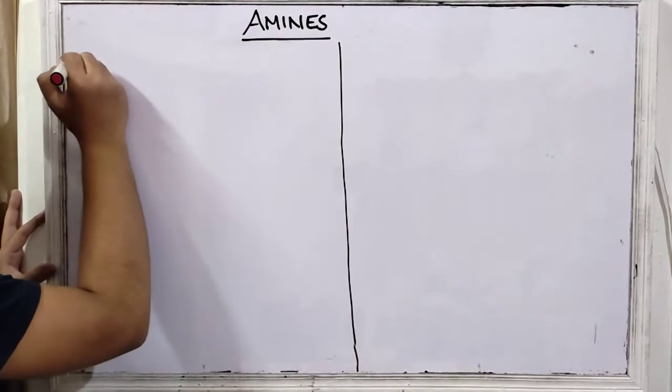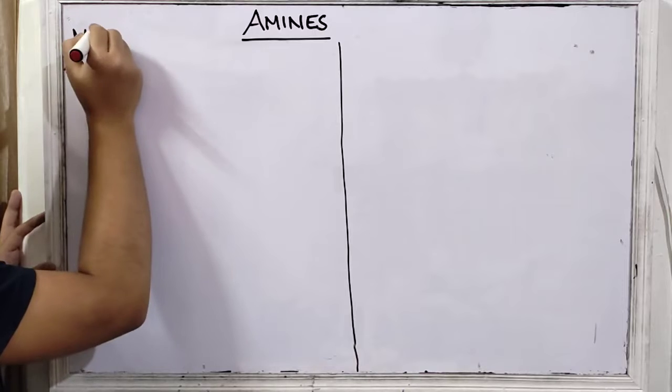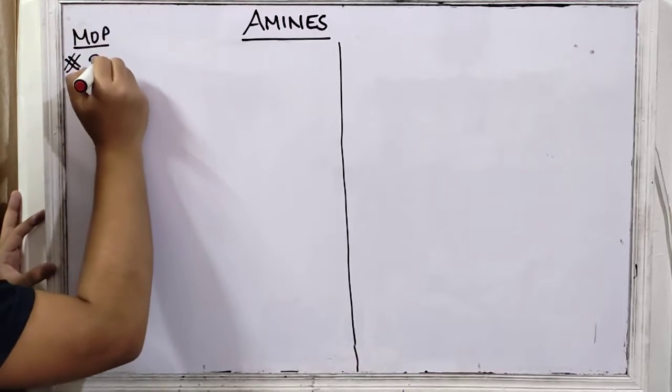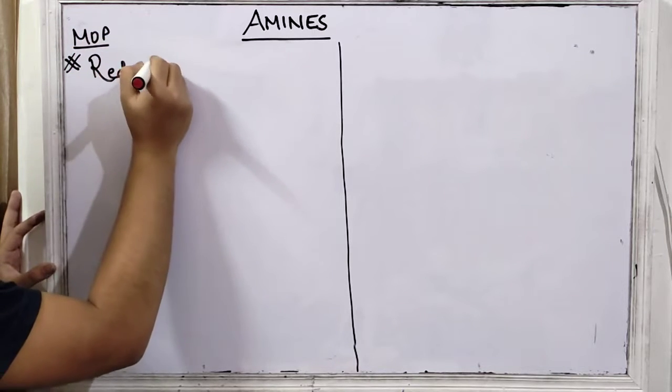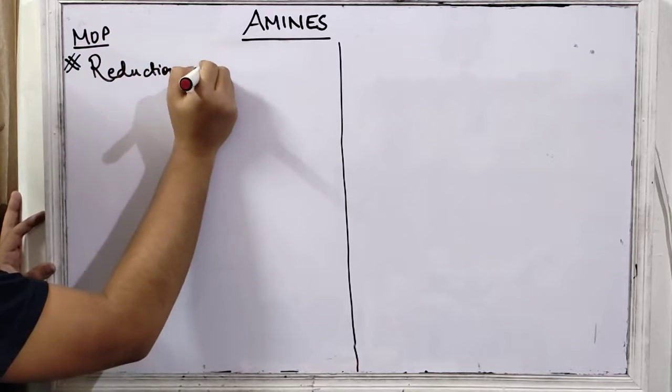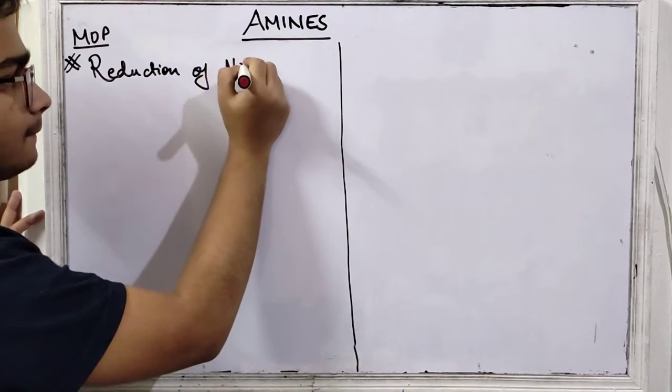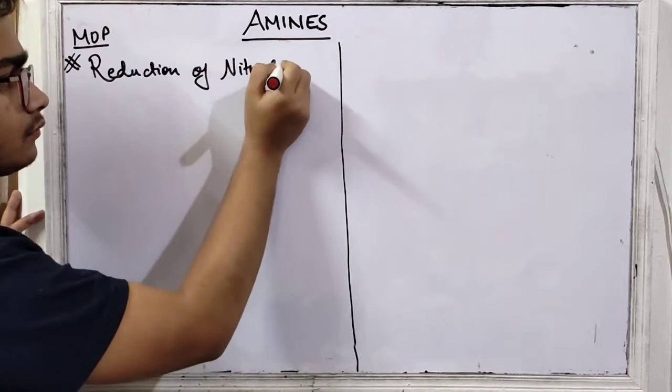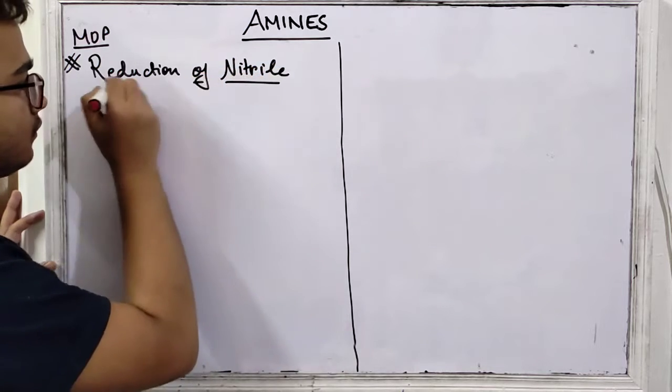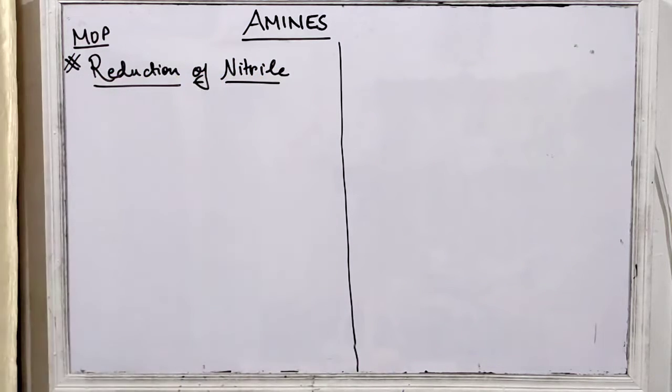So give the heading next method of preparation, which is reduction of nitrile. Clear? So what is a nitrile?